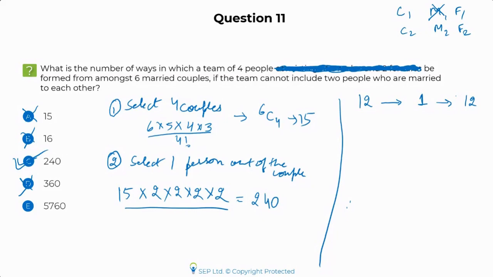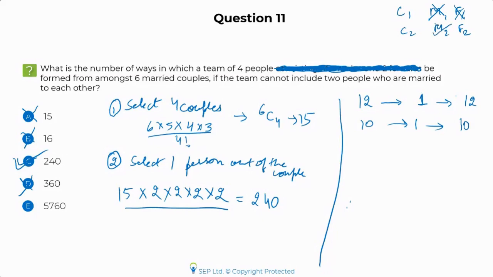Good response, guys. Dhruv, Harsh, Jitin, Dipanjan, all of you have got it right. When I select M1, it automatically means I cannot select F1. So for the next selection, I have 10 people available, so I can select the next person in 10 ways. Let's say I selected M2.